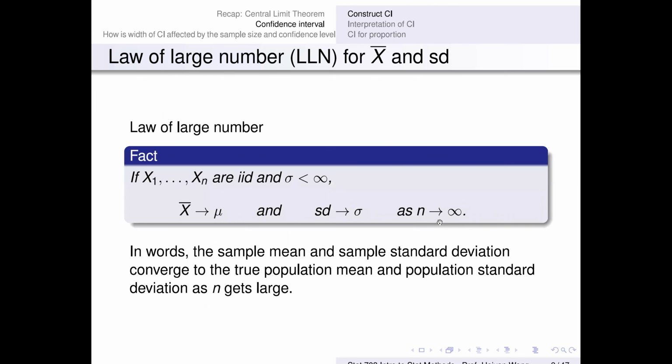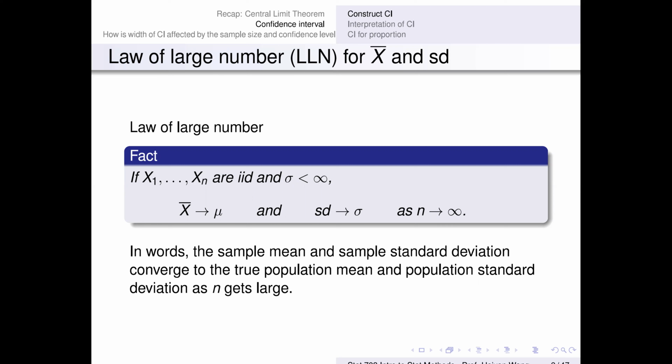Once we have the standard deviation to estimate the sigma, we can proceed with our confidence interval procedure. But before I move on, here is a fact that's worth mentioning. This is called the law of large numbers. If we have a random sample x1 through xn from a population, this random sample can generally be written as IID, meaning independent and identically distributed data from the same population.